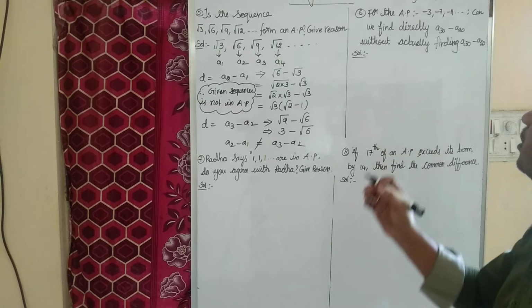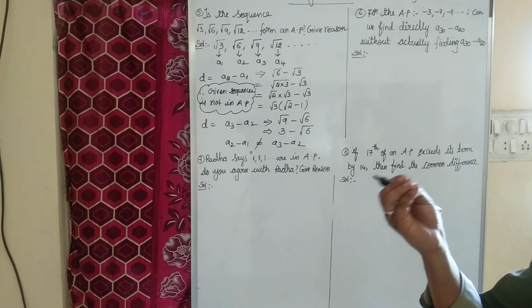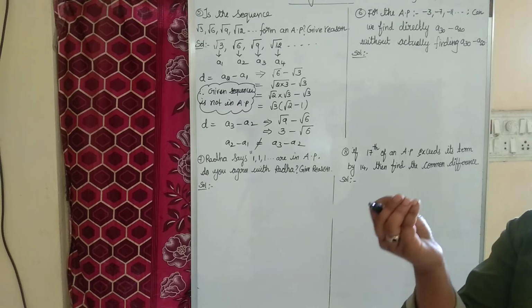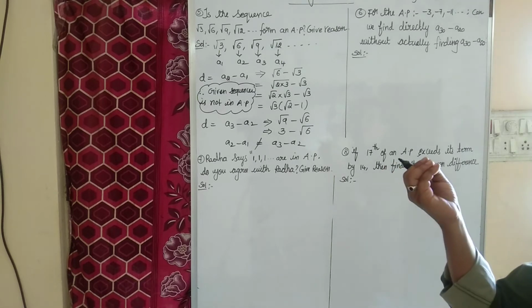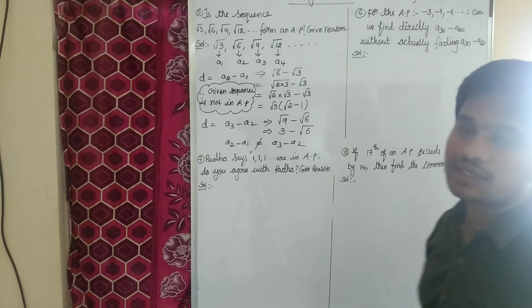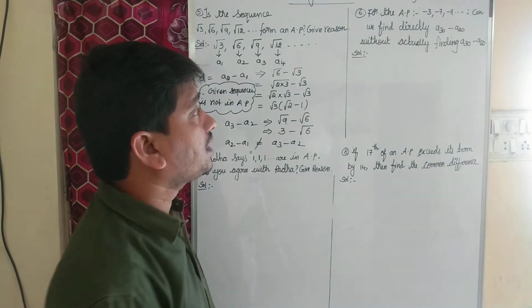For the AP minus 3, minus 7, minus 11, can we find directly A30 minus A20 without actually finding A30 and A20? Yes, of course we can find. How can you find A30 minus A20?